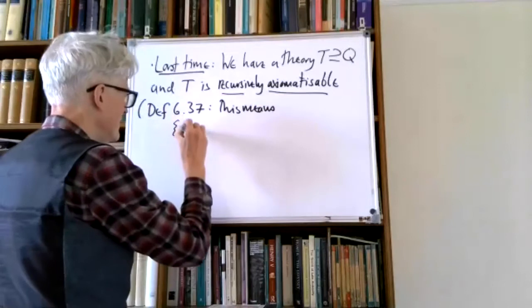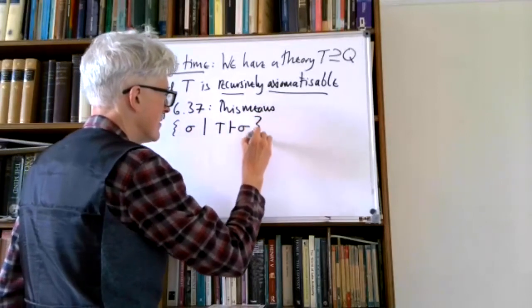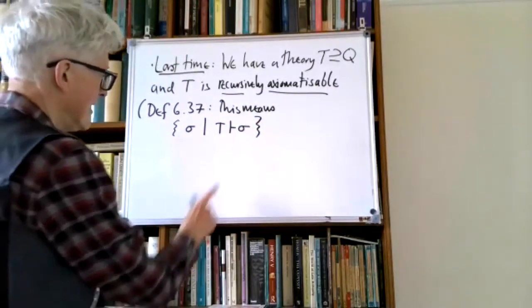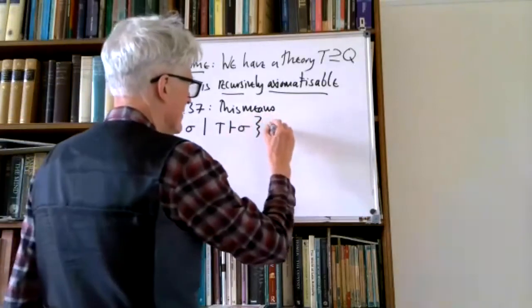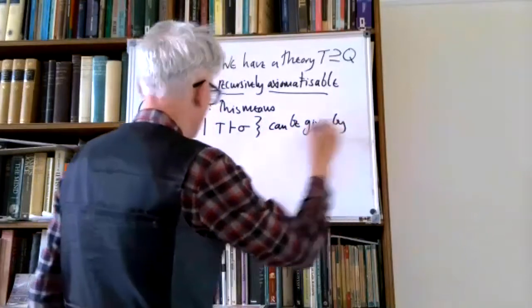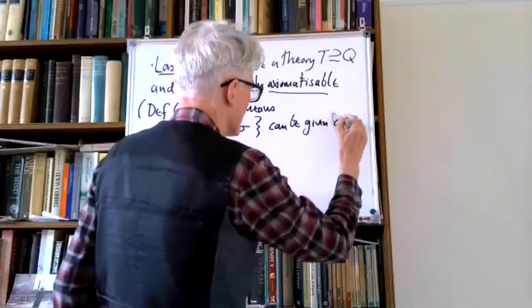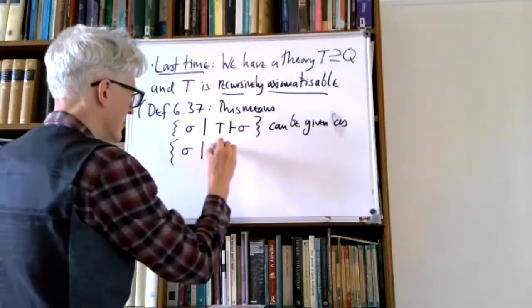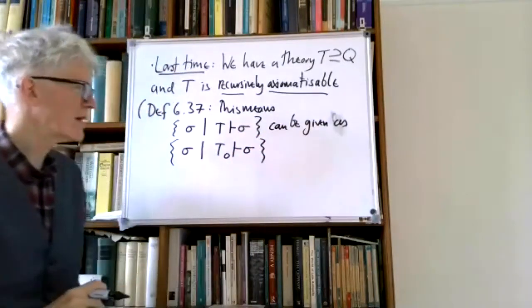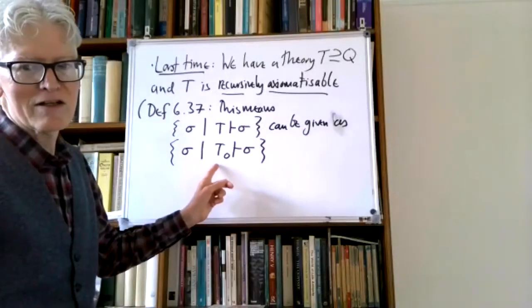This means that this set here can be given as, or equals, the consequences of a recursively given set of axioms.